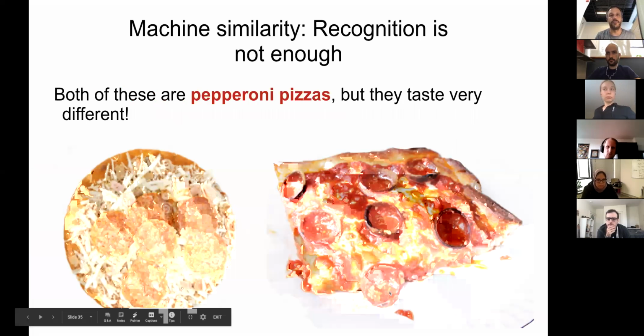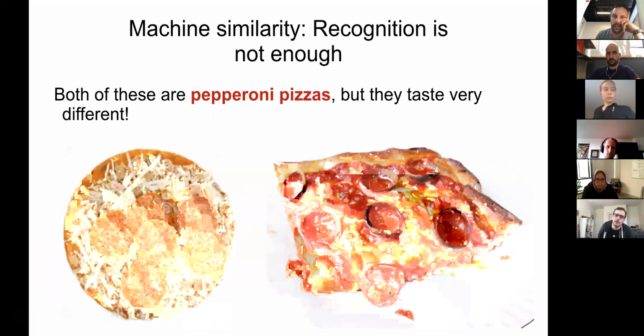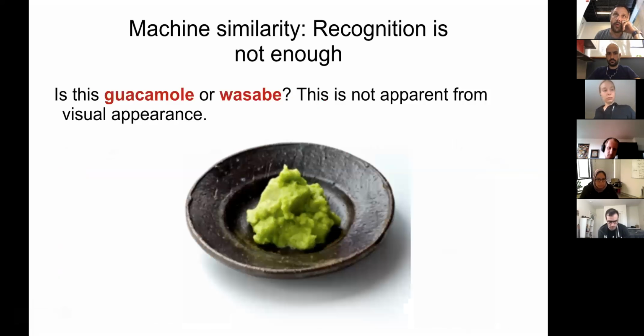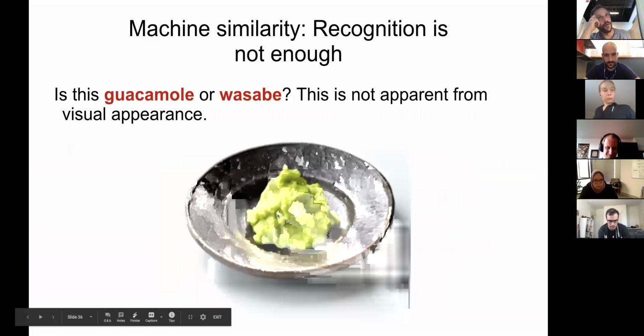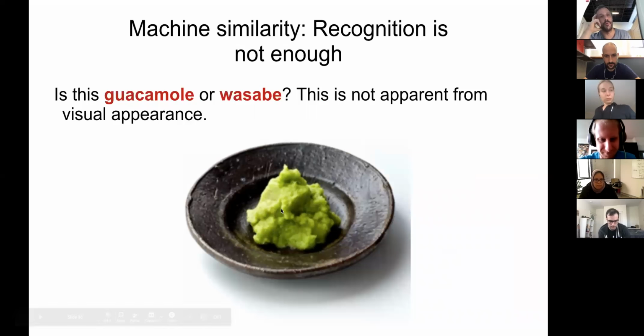So what do you do when you run into problems like you have some familiar food, but it's in a state that you didn't recognize before? Or perhaps you didn't take context into account. If I just were to focus on this green part, would you know if that's guacamole or wasabi? What if you put a tortilla chip into this thinking it's guacamole and took a bite?